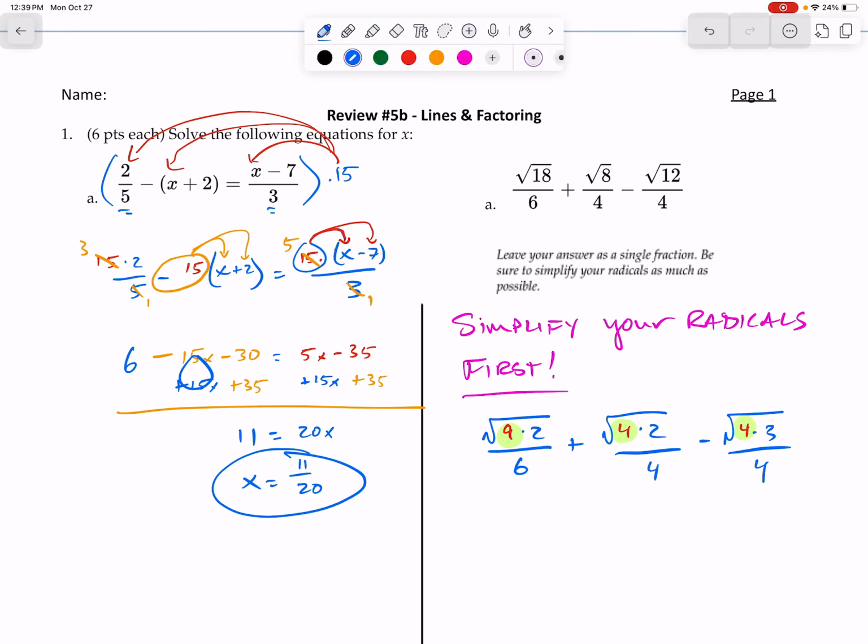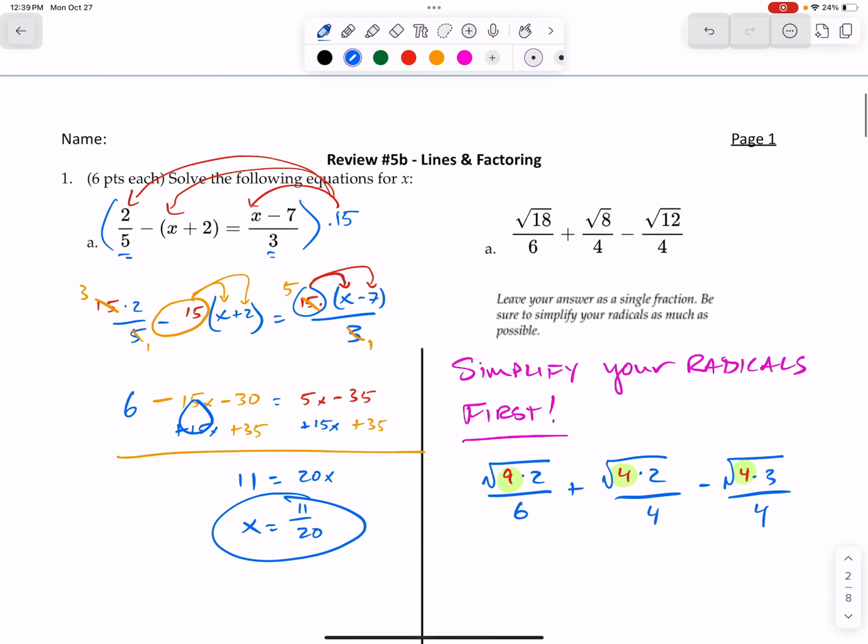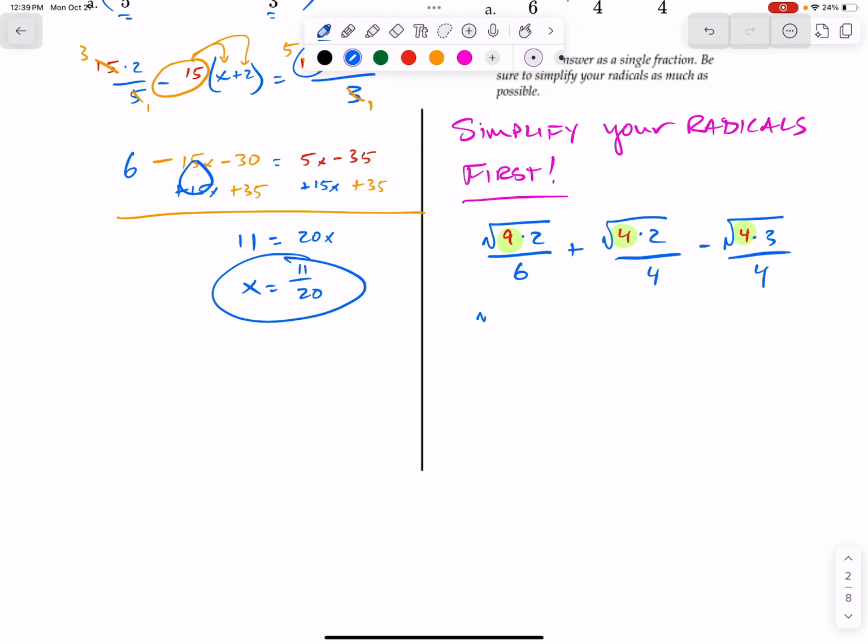So they will become the square root of 9 times the square root of 2 over 6, the square root of 4 times the square root of 2 over 4, the square root of 4 times the square root of 3 over 4.